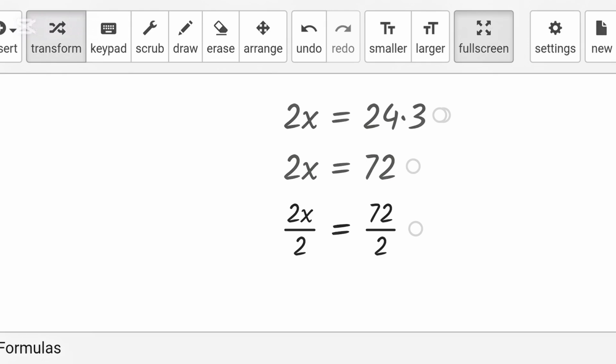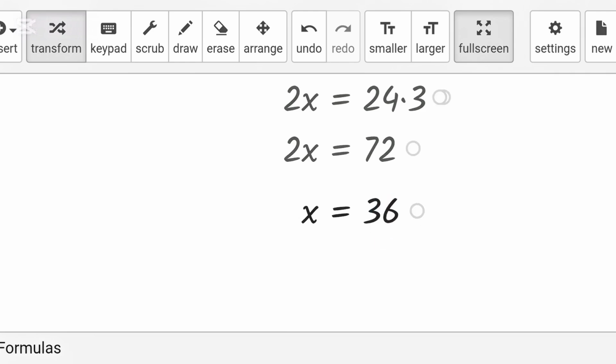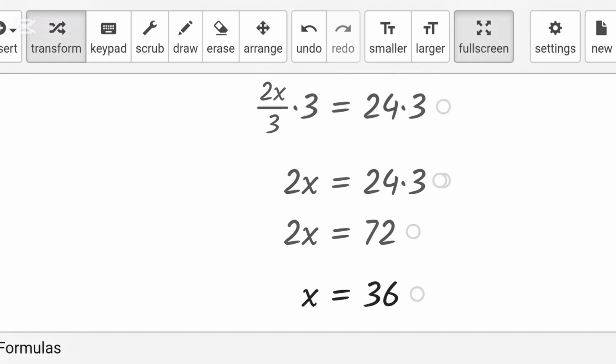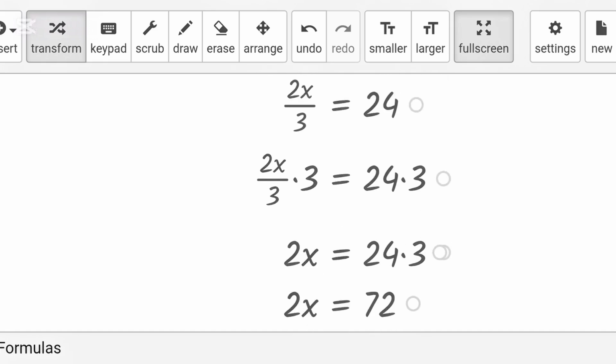So if you're dividing by 2 on the left hand side, that should also happen on the right hand side. So 2 divided by 2 should give us 1, and 1 times x should give us x, right? 1 times anything is that thing. So that's how it eliminates itself. 72 divided by 2 should give us 36. So here we can agree that x is 36.